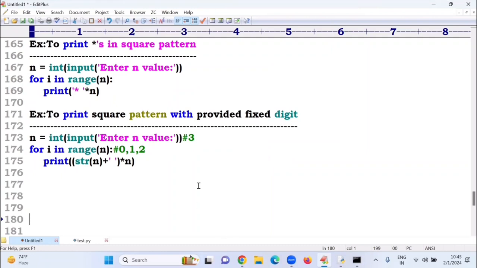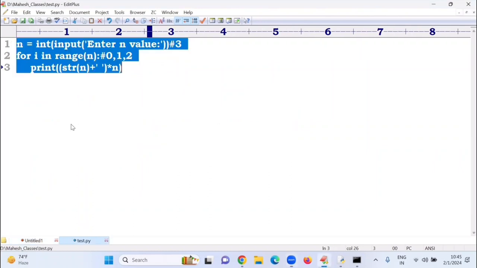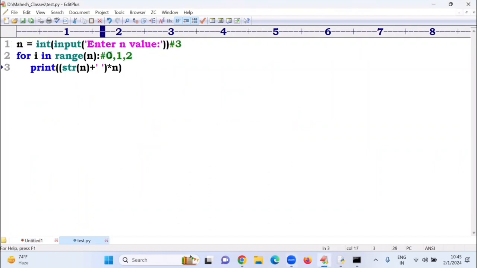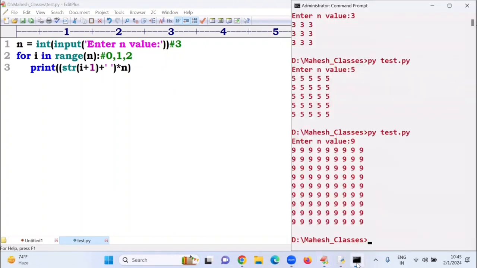So can I go with here, instead of str of n, str of i plus 1? First time i value 0, 0 plus 1, 1. Repeated how many times? 3 times. Next row i pointing to 1, 1 plus 1, 2. Repeated 3 times. Next i plus 1, 2 plus 1, 3. Repeated n number of times.